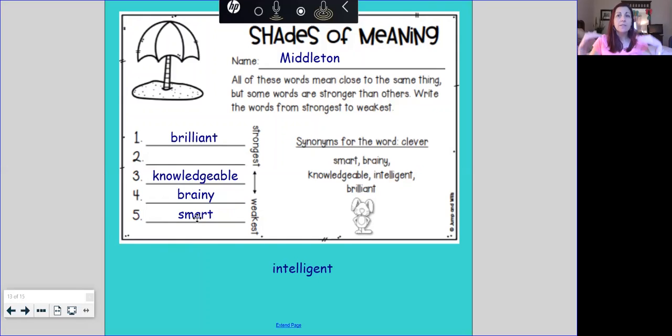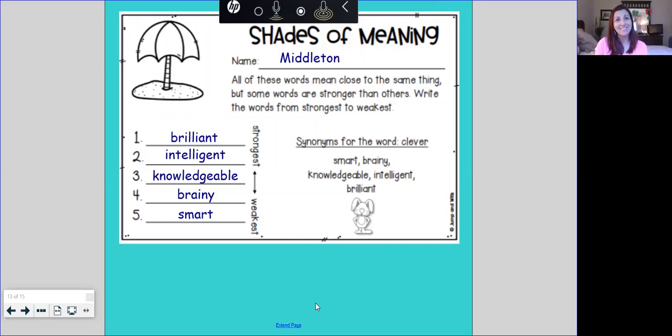Brainy, next level smart, smart, then brainy. A little bit more is knowledgeable, which leaves a little bit higher still is intelligent. And then at the very top, I think brilliant is the strongest one of those words. That's my order. Yours might be different. No right answer to this one, but try it out with your family and see what you guys discover.